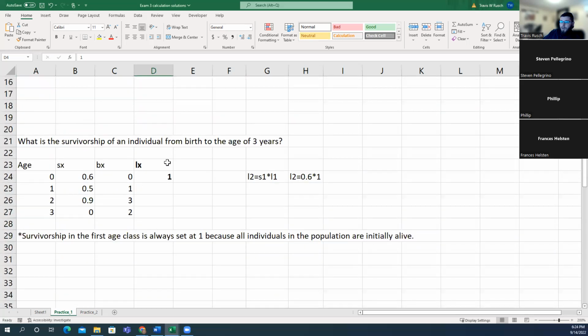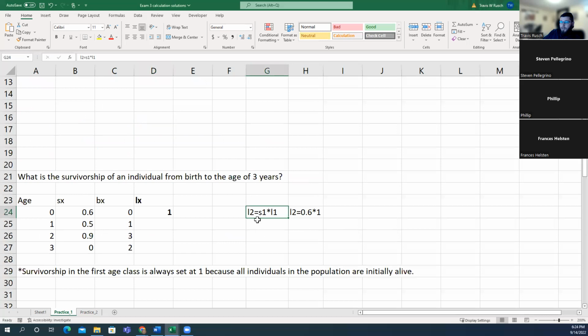And you remember this equation? L2 equals S1 times L1. This is how we know that L sub X is 1, right? Survivorship in the first age class is always set to 1 because all individuals in the population are initially alive. Something I want to clarify is that the numbers are kind of weird in how Cogbooks does this. Think of the ones in terms of age bracket.